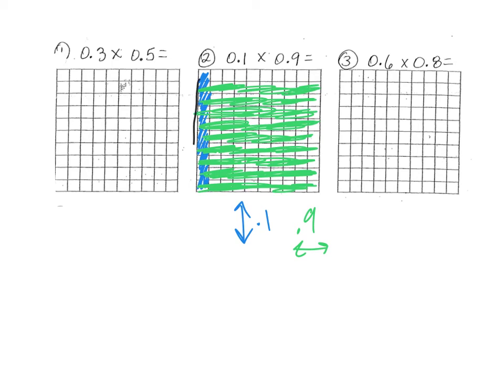Right now I am looking at a little bitty section right through here that is my true overlap, which, if I know anything about math facts, 9 times 1 is 9. So my answer here should be 9 hundredths. If I put dots, 1, 2, 3, 4, 5, 6, 7, 8, 9, it looks like I have 9 hundredths as my final answer.